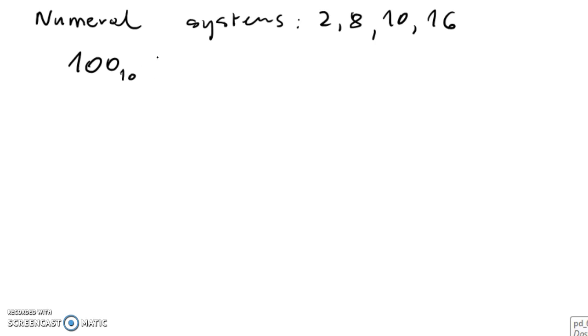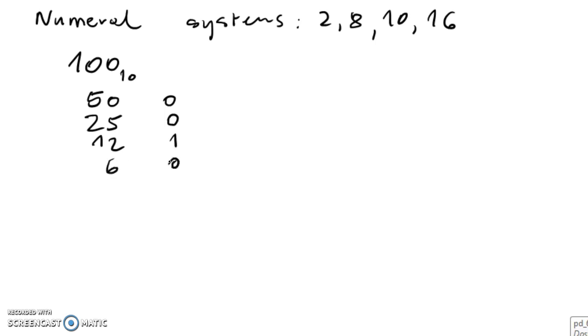So let's start with division by 2. Let's start with the binary system. The result is 50 and the remainder is 0. Divide again, 25, remainder 0. Divide again, 12, remainder 1.